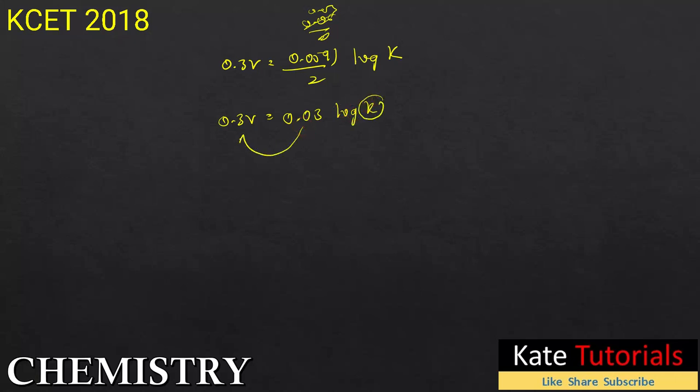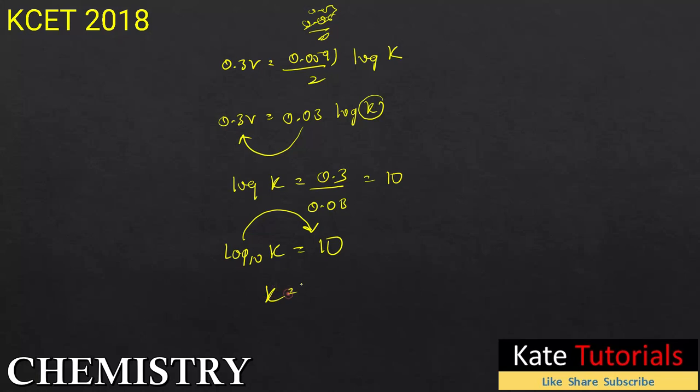So log K is equal to 0.3 divided by 0.03, which will be equal to 10. Log means log to the base 10. If I take log to this side, it becomes anti-log. So the K value will be anti-log of 10, which is nothing but 10 to the power 10. So this is the value of K, the equilibrium constant.